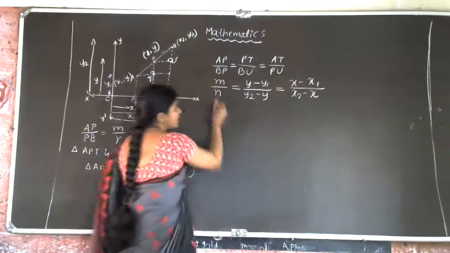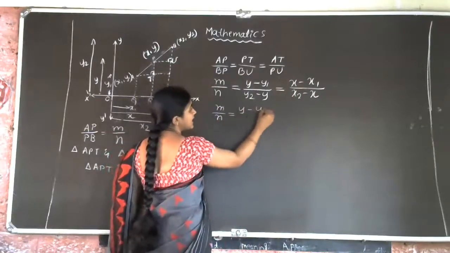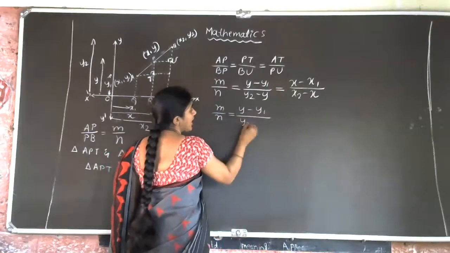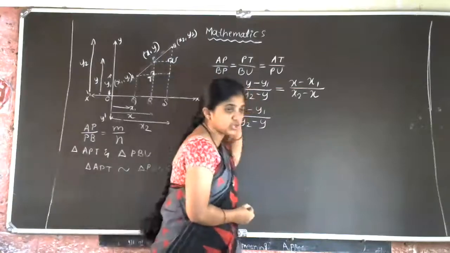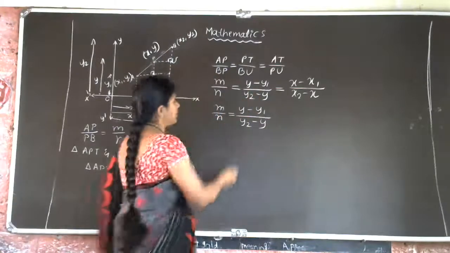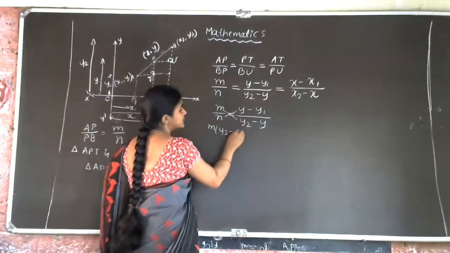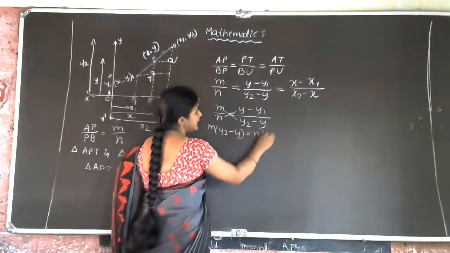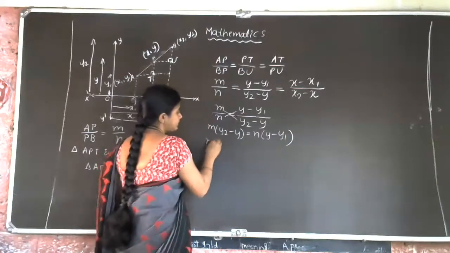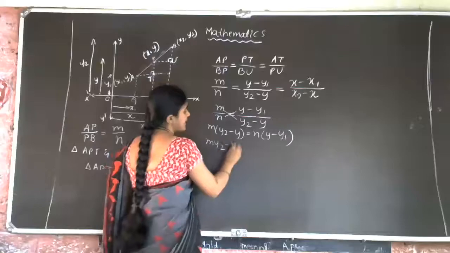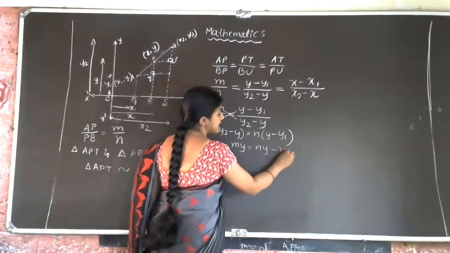Now take M divided by N, which is equal to Y minus Y1 divided by Y2 minus Y. Here we take only these two ratios. These are equal, no? Now cross multiplication. M into Y2 minus Y is equal to N into Y minus Y1. Now multiply: MY2 minus MY is equal to NY minus NY1.